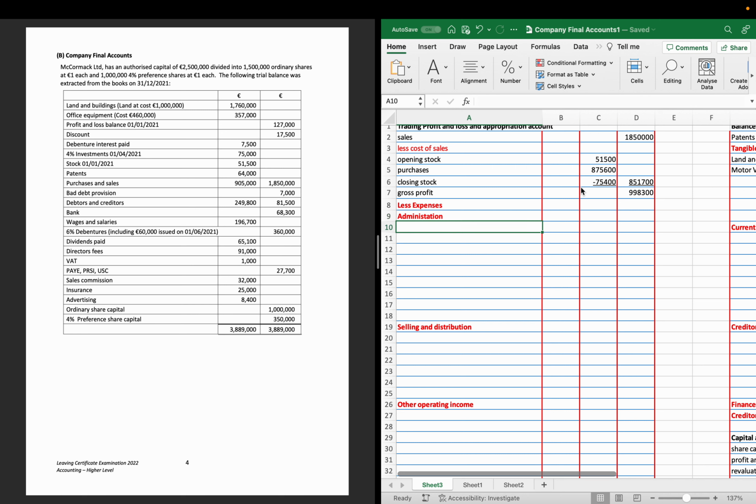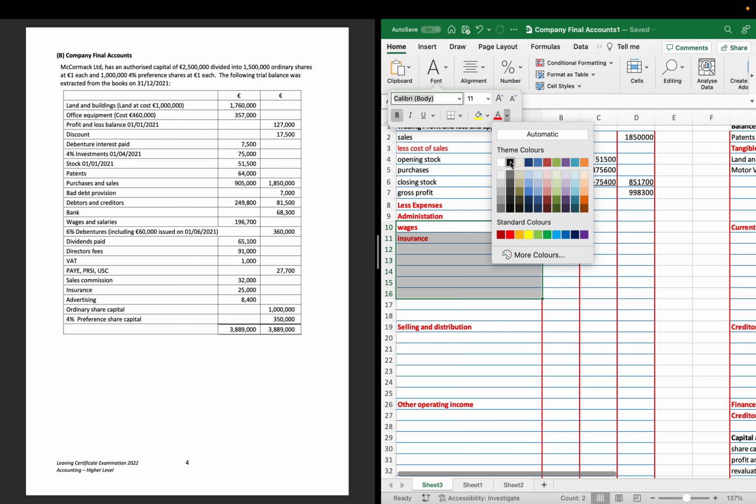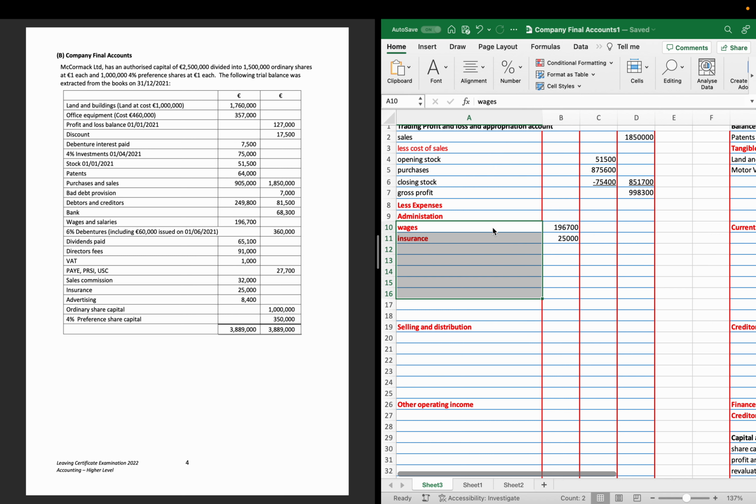Now you're a min. Right, we've loads of them. So wages and salaries is 1967. We've got insurance, which is 25. Oh, these are all in red. And they're bolded.